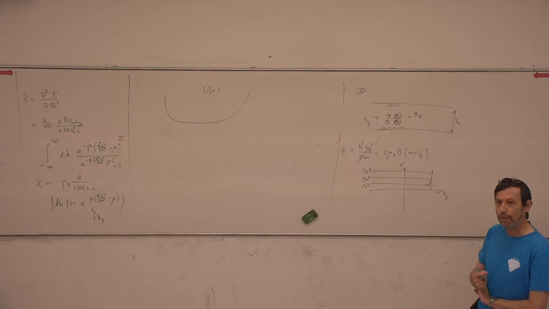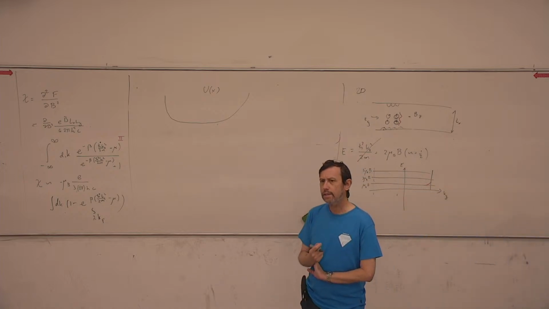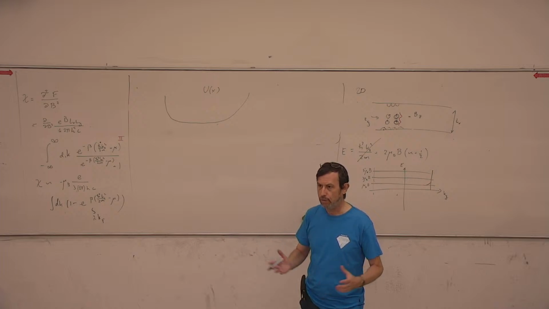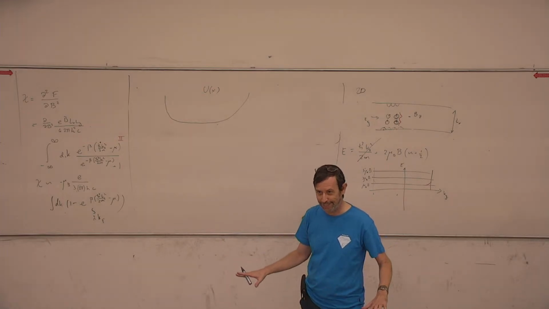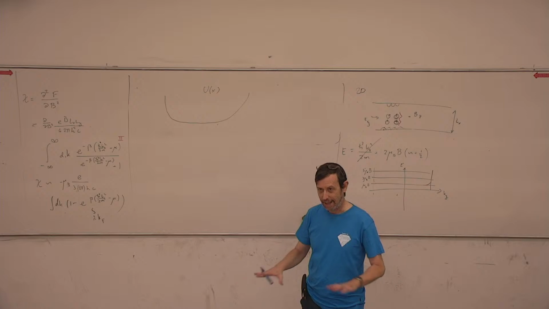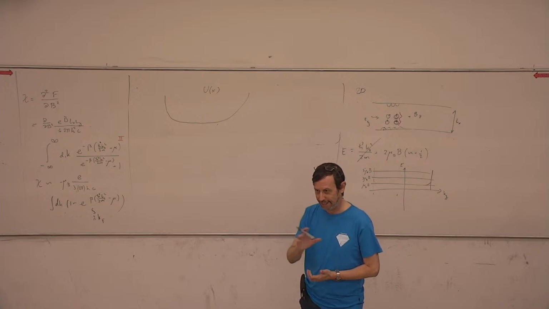If I would come to you and ask, where is it best to measure the charge of an electron most precisely? You'd say, well, I have to somehow get the electron to a place where there's nothing around it and measure its charge in that environment.